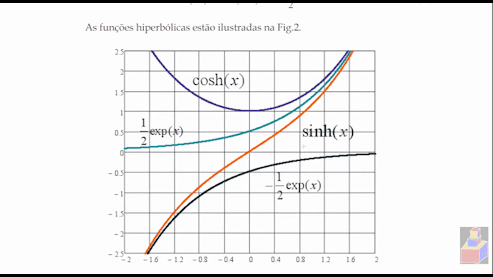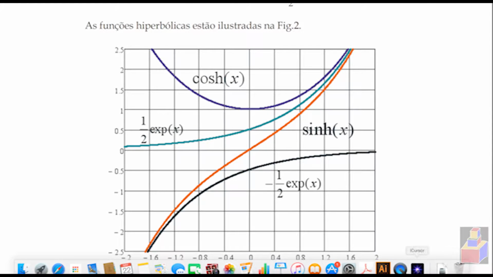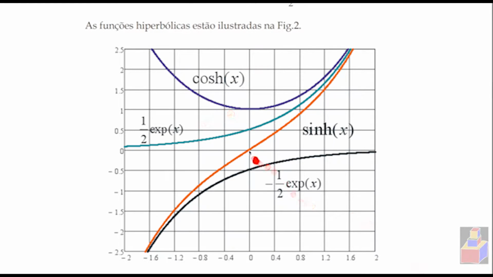The hyperbolic sine function is 0 at the origin, at x equals 0, and goes indefinitely unbound as x increases or decreases.